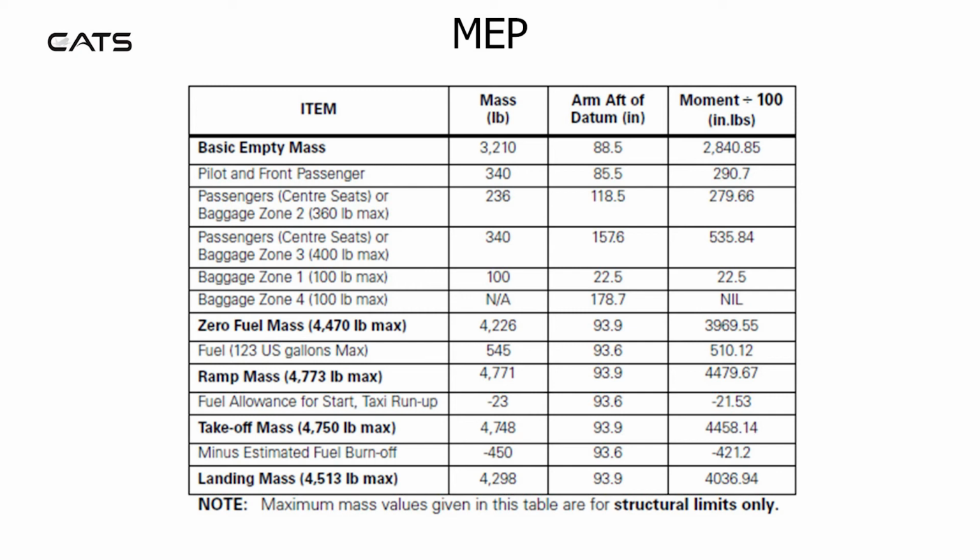Here's an example of masses entered into a loading table. From this, the zero fuel mass can be calculated, the ramp mass, the takeoff mass, and the landing mass, and the corresponding CG positions.